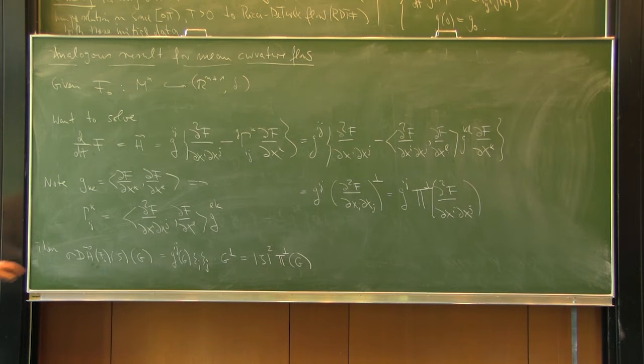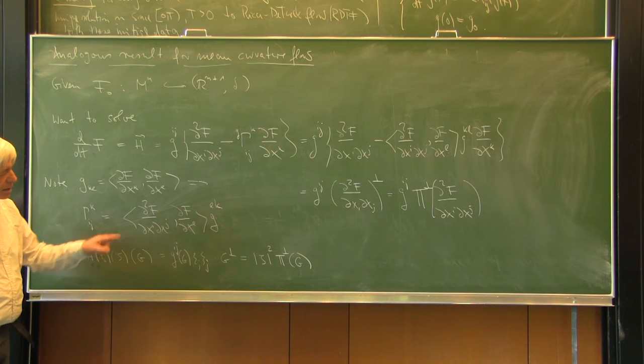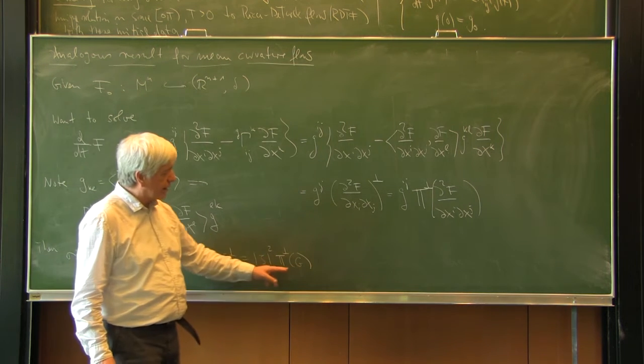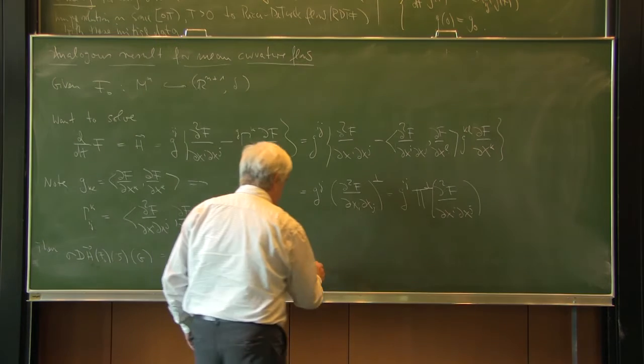So we have a situation here somehow similar to Ricci flow. We have sort of in one direction of variations, as long as we have normal variations, it acts by multiplication with theta squared.